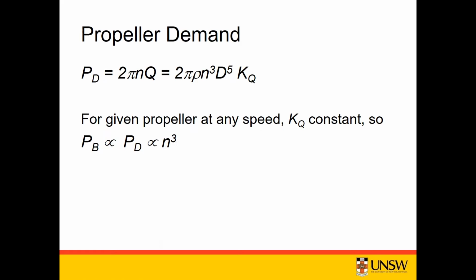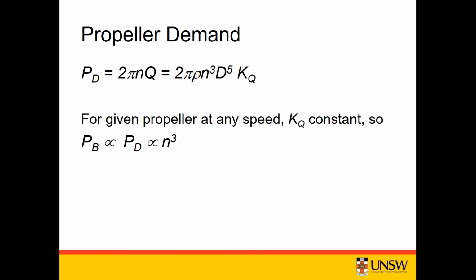So the propeller demand is 2 pi n Q, which we said before, and you can expand that out to 2 pi times KQ times rho n cubed D to the fifth. And for any given propeller at any speed, the KQ is a constant. So the brake power is proportional to the delivered power, and that's proportional to the speed, the rate of rotation, cubed.